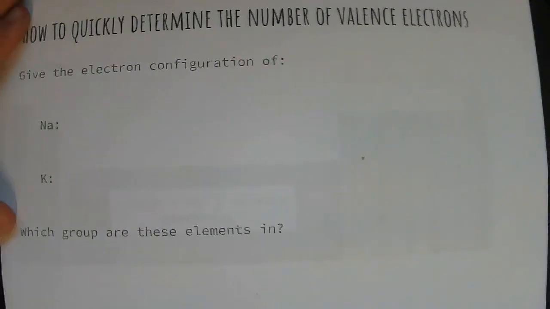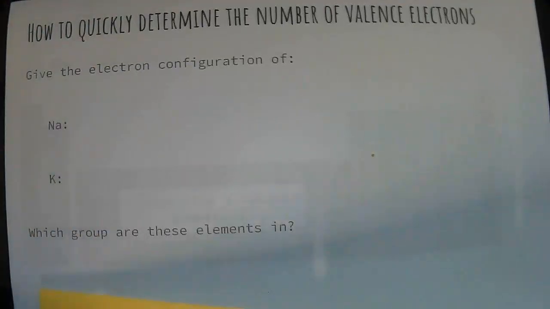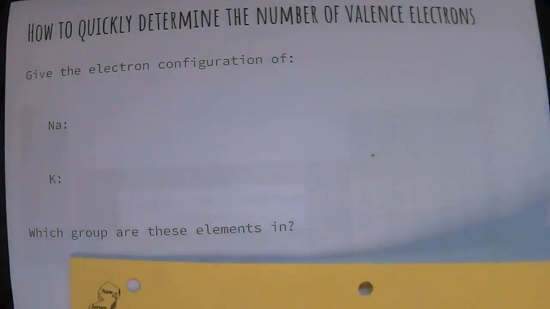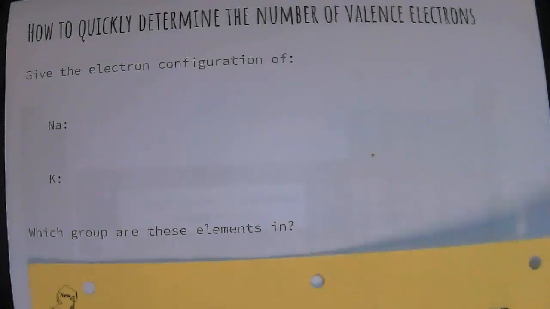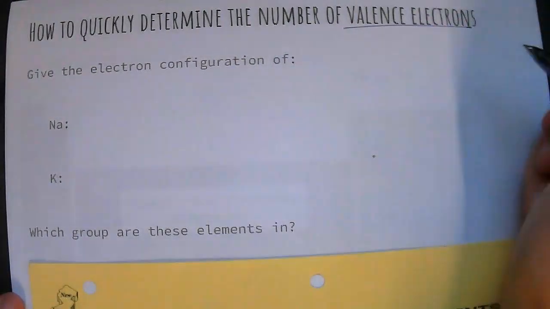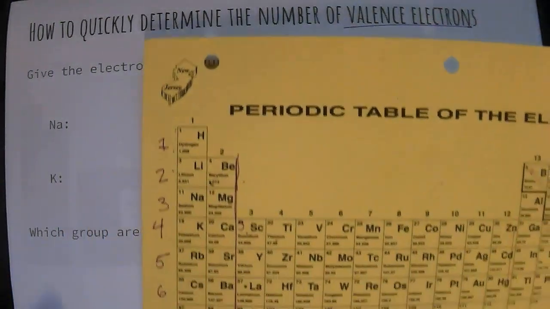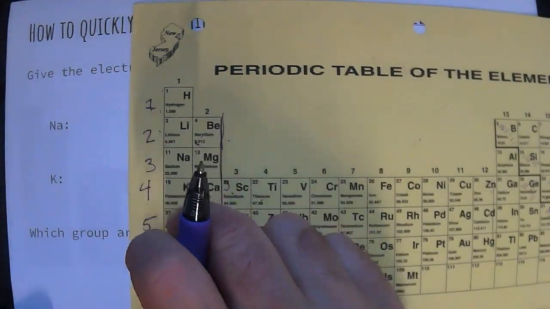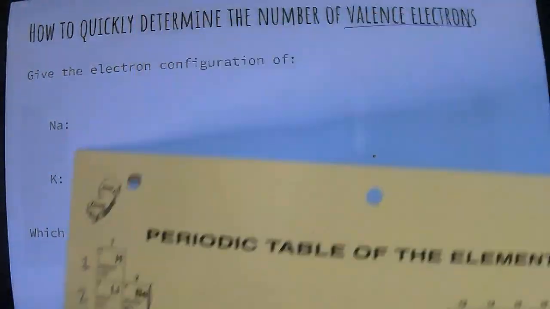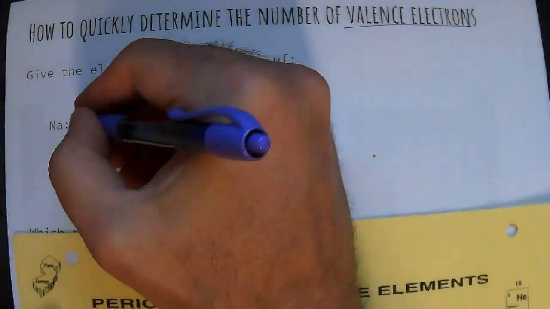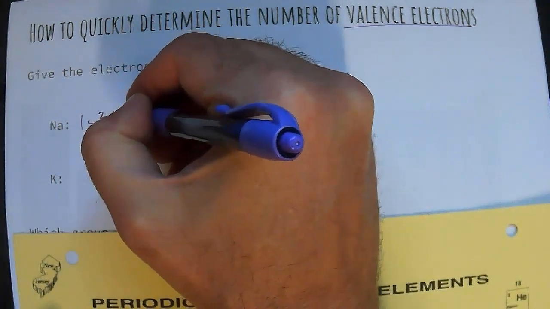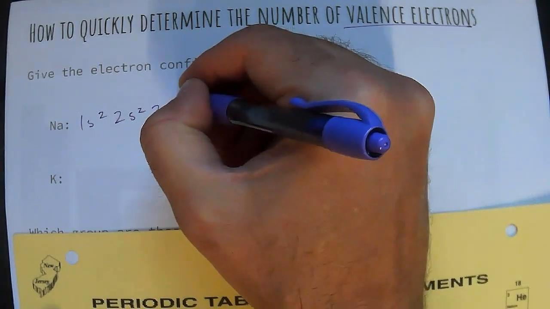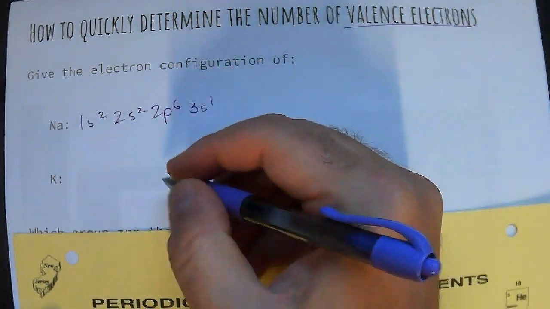So here, I've alluded to this, but now I'm going to make it explicit. We're going to figure out how many valence electrons there are. Super easy. We're going to write the electron configuration of sodium and potassium. Sodium: 1s2, 2s2, 2p6, 3s1.